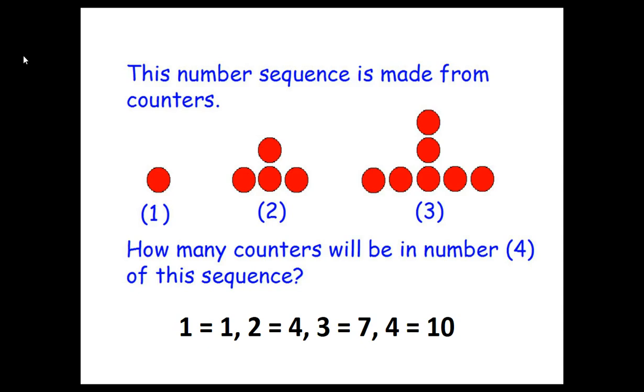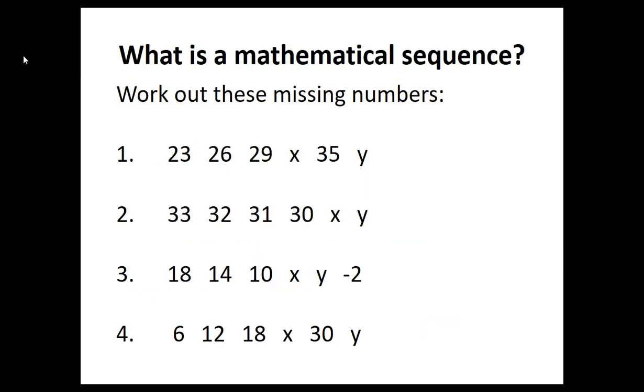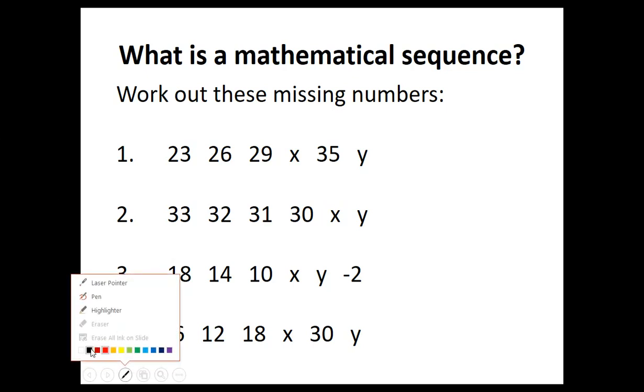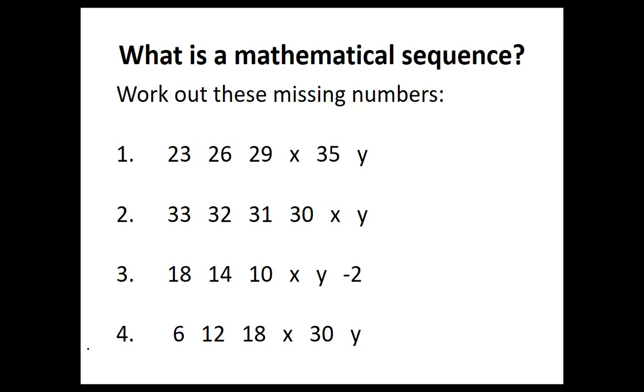It appears you're adding 1 to the top, 1 to the left, and 1 to the right. So again, these are relatively easy sequences that perhaps you might have seen or you would be able to figure out with very little background knowledge. We're, of course, going to focus on mathematical sequences, and we're going to start nice and simple. So here, you're being asked to solve for the missing numbers x and y.